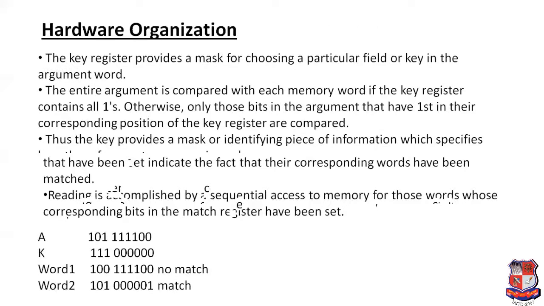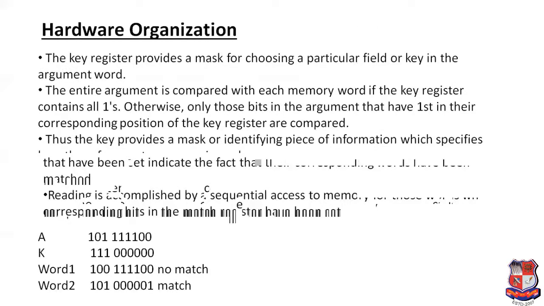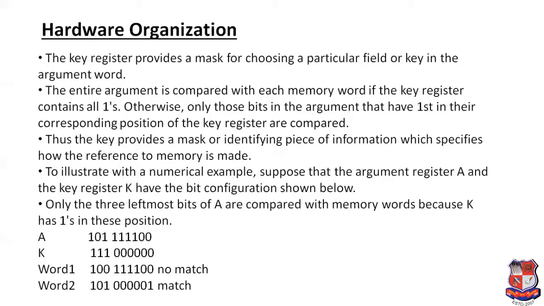Hardware organization of associative memory is explained as follows. The key register provides a mask for choosing a particular field or key in the argument word. The entire argument is compared with each memory word if the key register contains all ones.